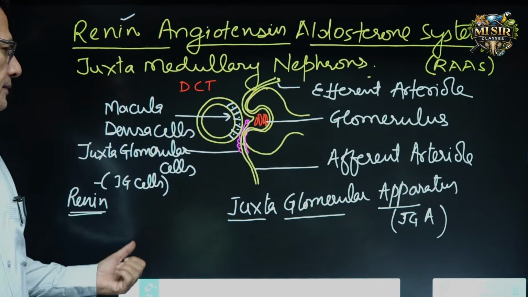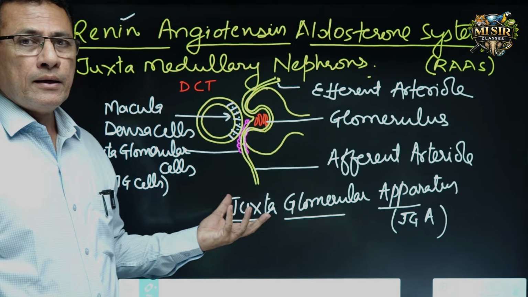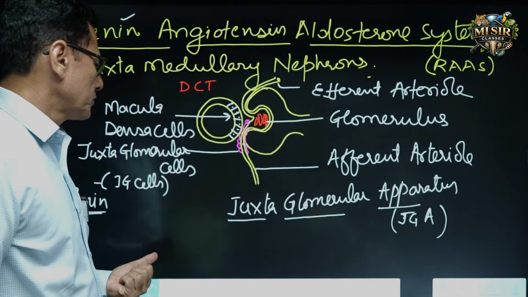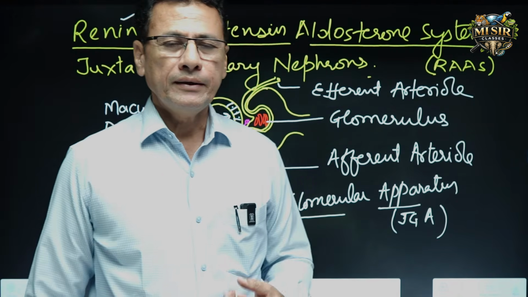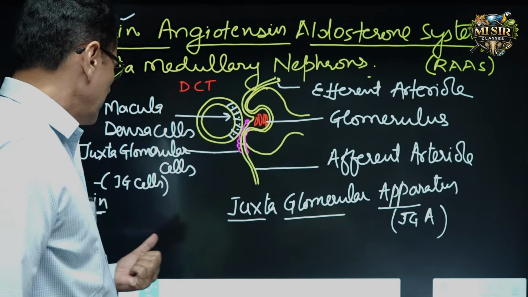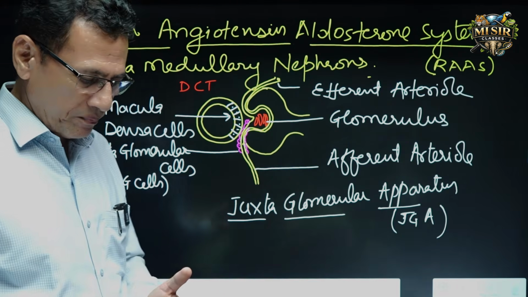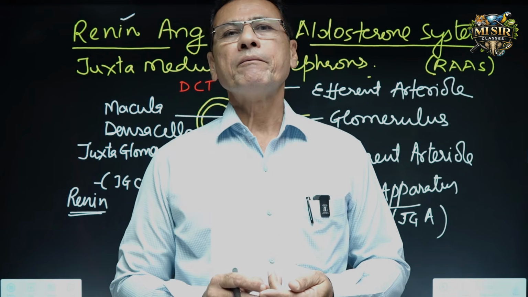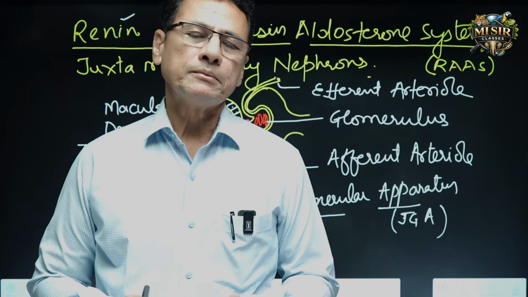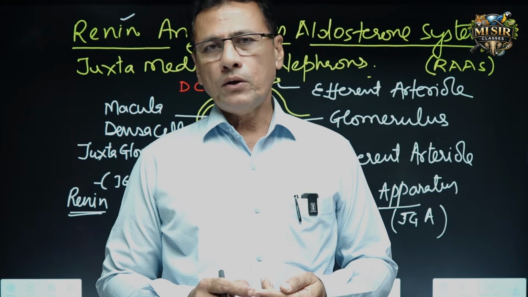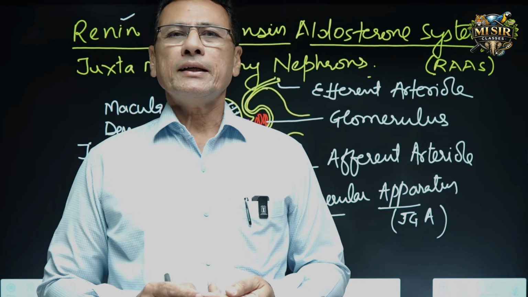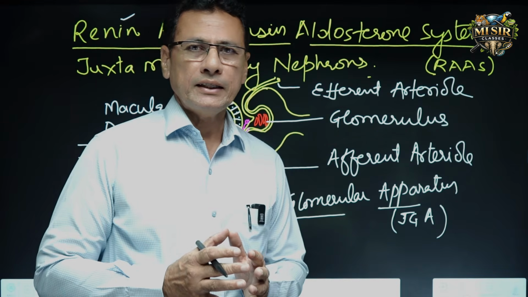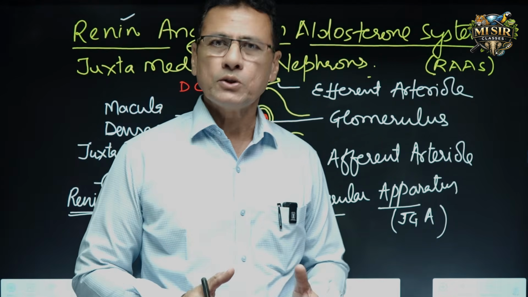Let us study when this system starts, what are the preconditions which allow this system to start. There are 3 or 4 situations in which the system is triggered on. One is if there is a fall in GFR, a fall in plasma sodium levels, a fall in blood pressure, excessive blood loss, or any other condition in which the body fluid dynamics changes so that the other physiological functions also change.